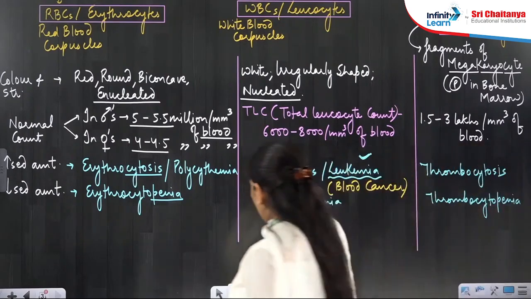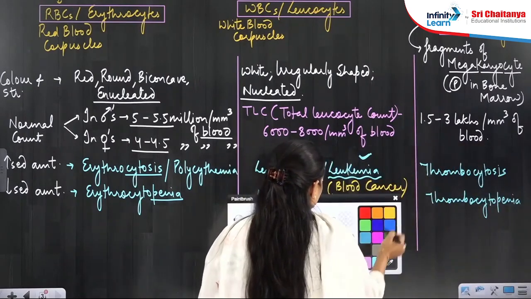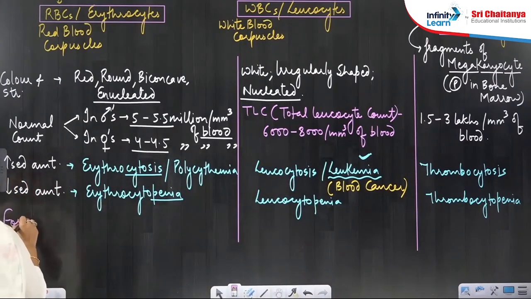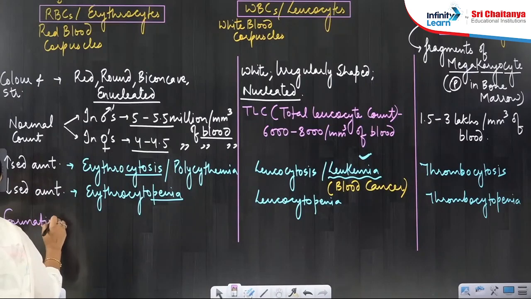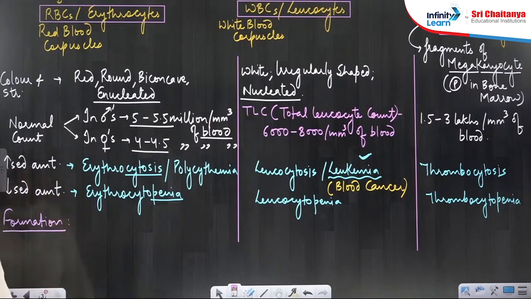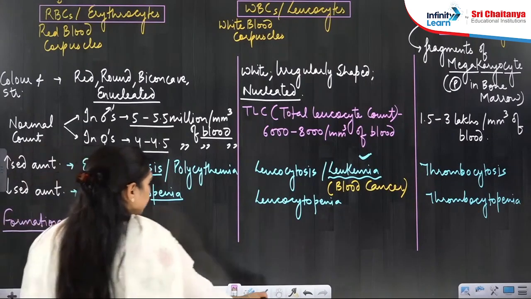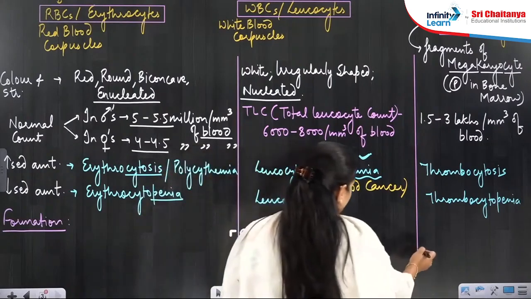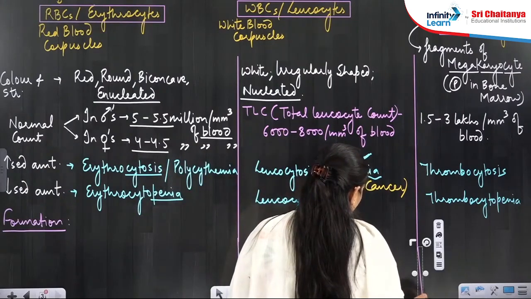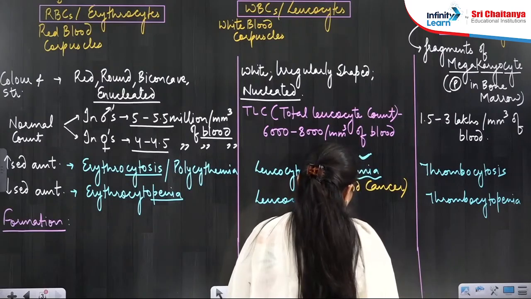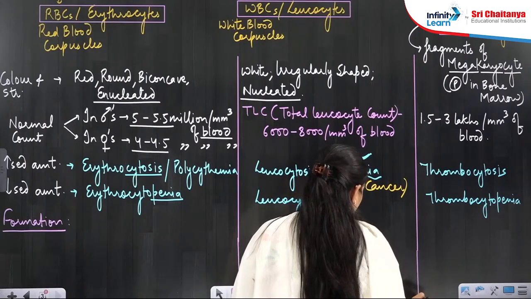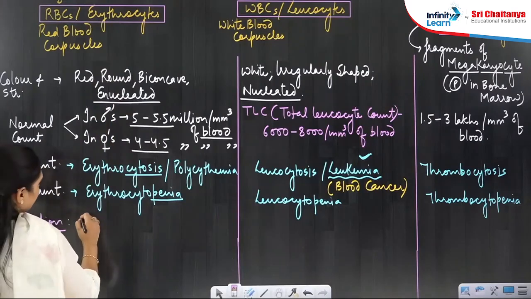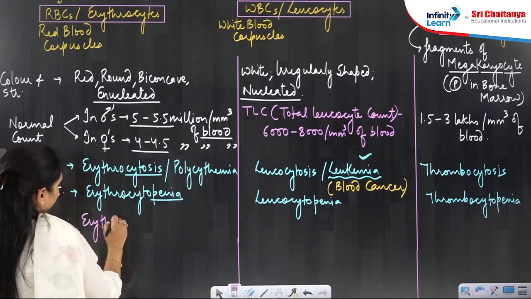Right. Now, what is the process of formation? Formation of RBC, formation of WBC, formation of platelets is known as what? Formation of RBC is known as erythropoiesis.